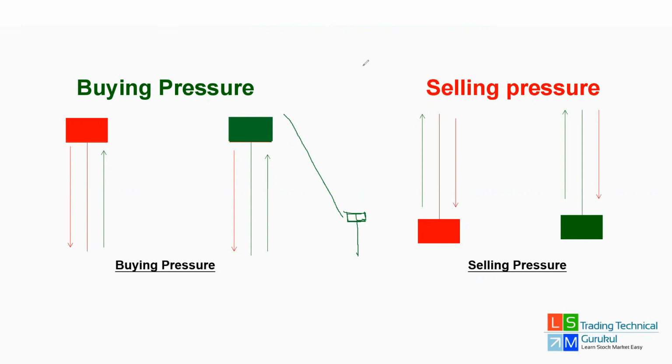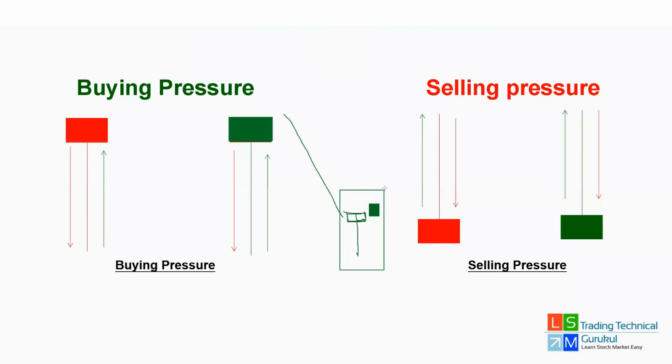Just like this candle, then you should book your profit first. If you are in a short position, you should book your profit first. This is the primary criteria for trend reversal.